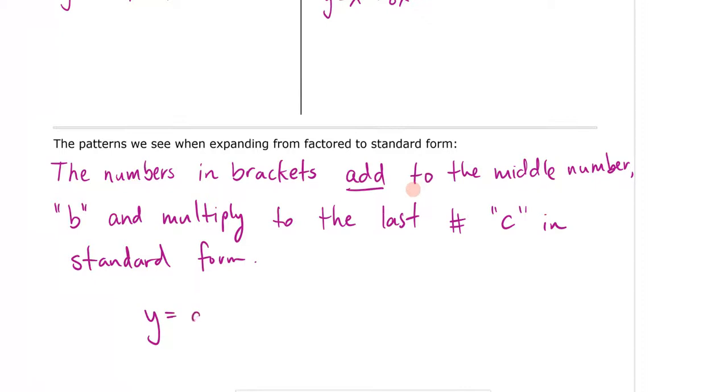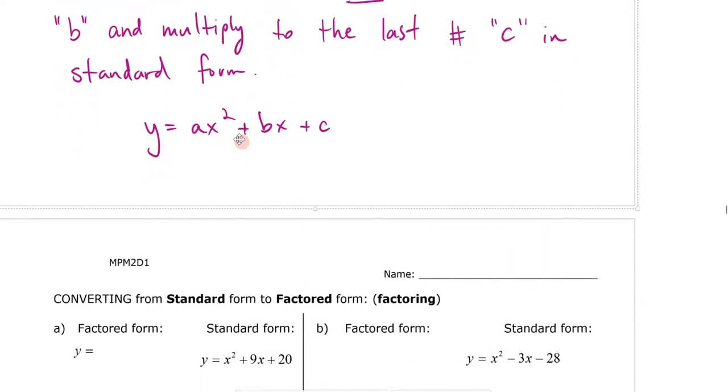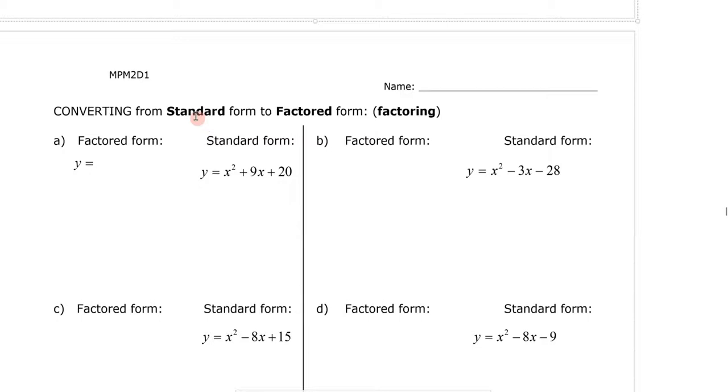The standard form, again, is given by ax squared plus bx plus c. So there's a relationship between those 2 numbers in the factored form. If I add them, I get the b. If I multiply them, I get the c. And we're going to use that pattern to help us go in the reverse direction, to convert from standard form back to factored form.